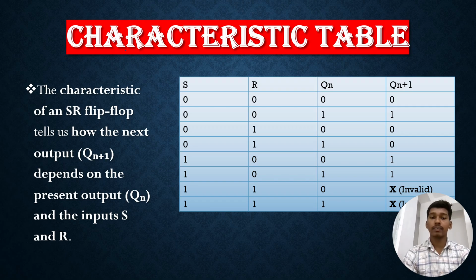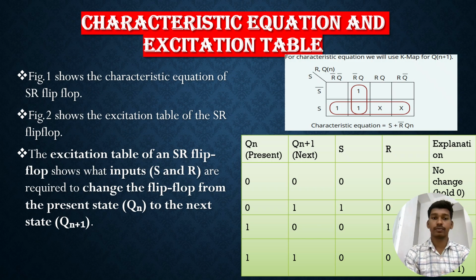Depending on this, we can get the next output Qn plus 1. Qn is the present output and Qn plus 1 is the next. By this characteristic table, we can get the next output of the SR flip-flop.